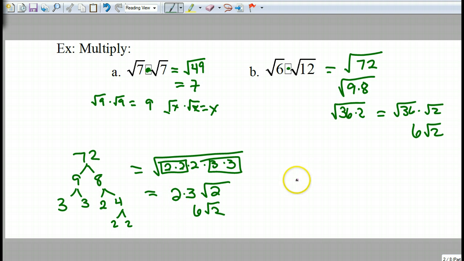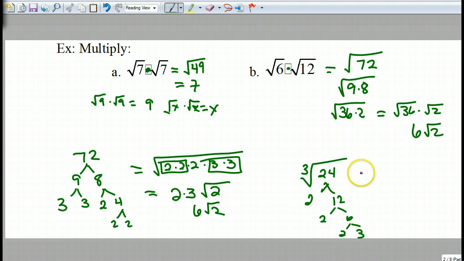So like if I have the third root of, say, 24. So let's find out what all my factors of 24 are. We got 2 and 12, 2 and 6, 2 and 3.